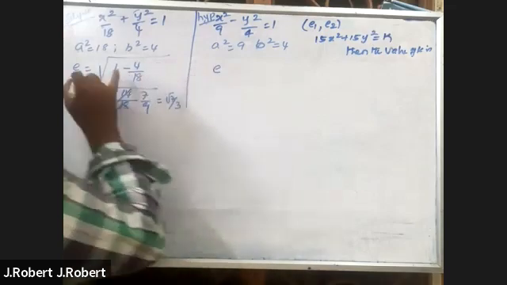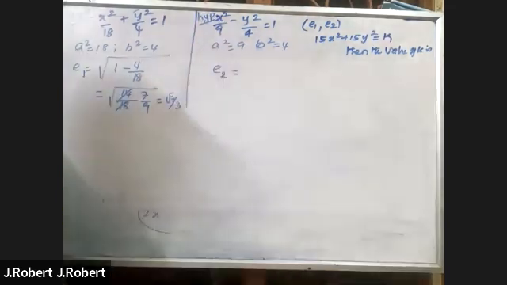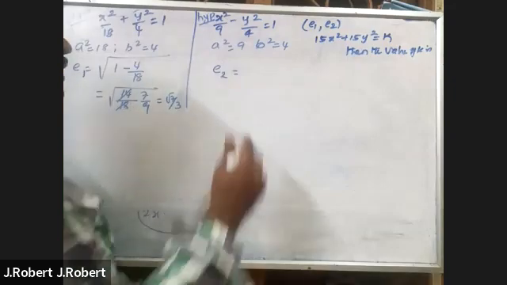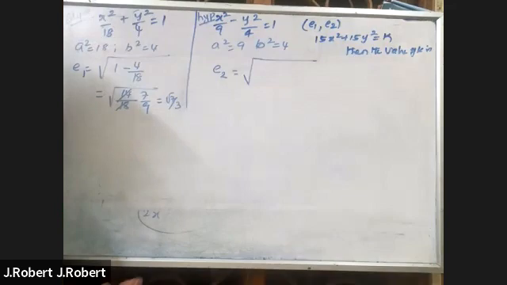The first one was eccentricity E1. In the hyperbola, it is E2. Now, what is the eccentricity formula? What is the formula to find the eccentricity for a hyperbola? Can anyone please tell? Akshaya, Manuel, Yogeshwar, anybody? Anyone there?